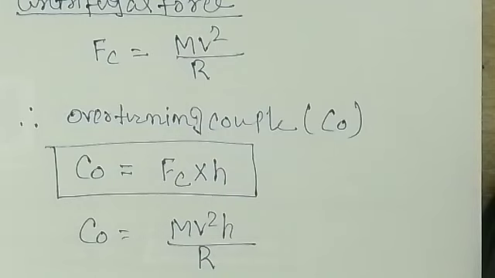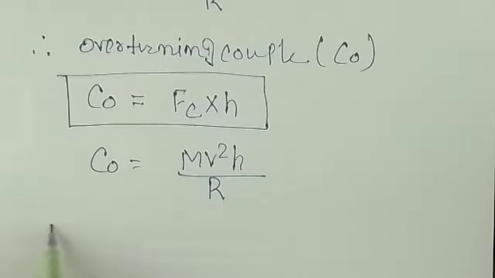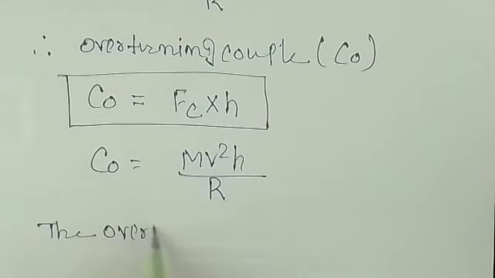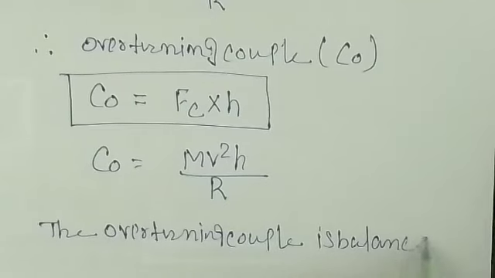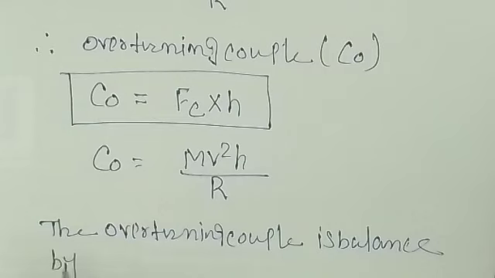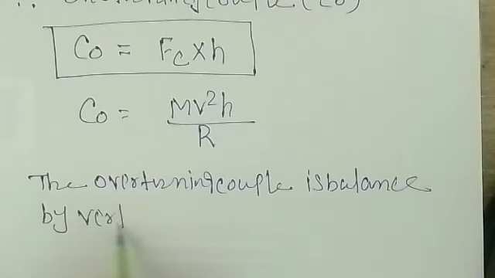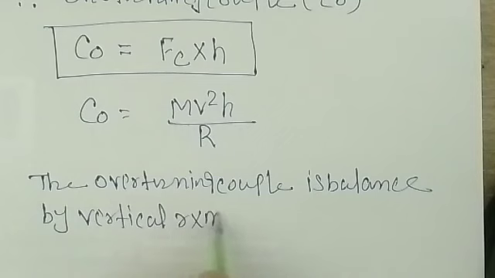That reaction will be vertically upward on the outer wheel and downward on the inner wheel. And this vertical reaction is denoted by Q. So the overturning couple is balanced by the vertical reaction, right?